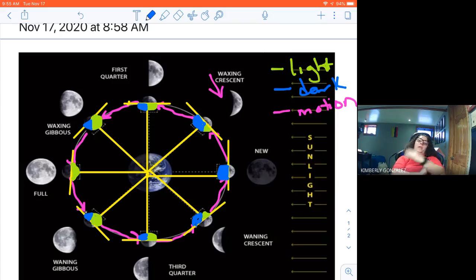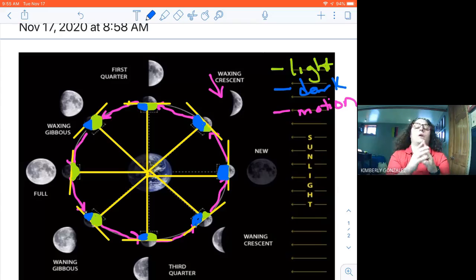Now, it will be your responsibility to figure out, first of all, is it waxing or waning? And to be able to draw how much of the moon is in the light, identifying the phase: is it crescent, is it quarter, is it gibbous, is it new, is it full, right?